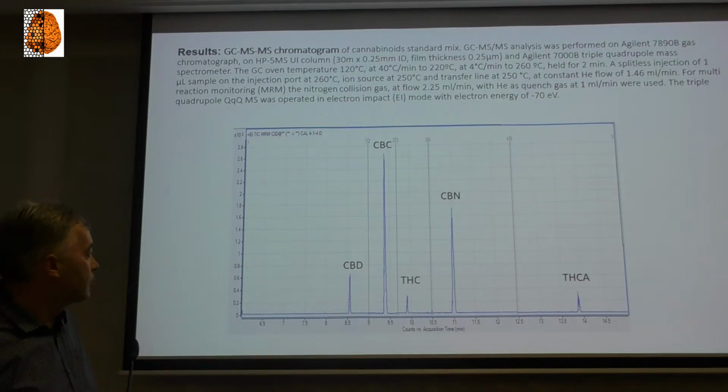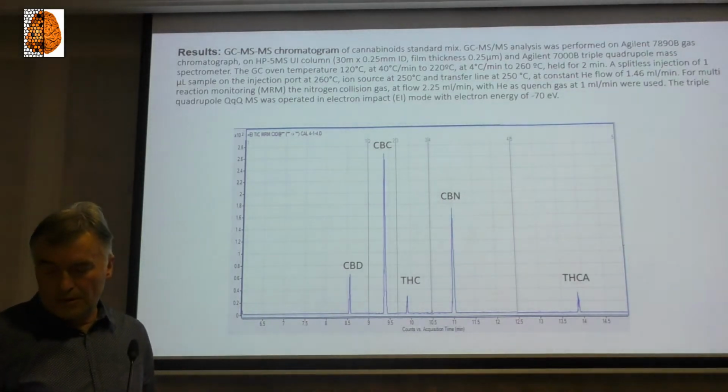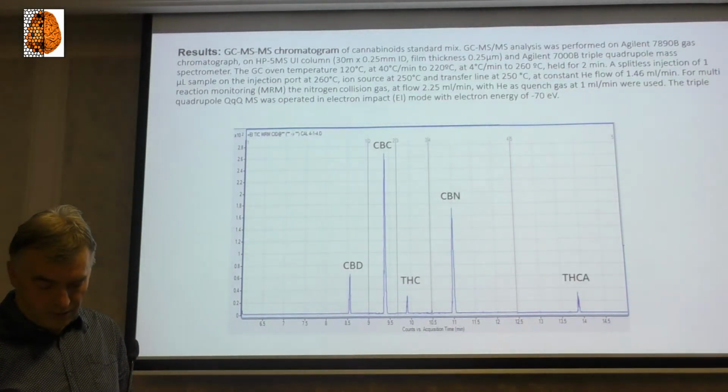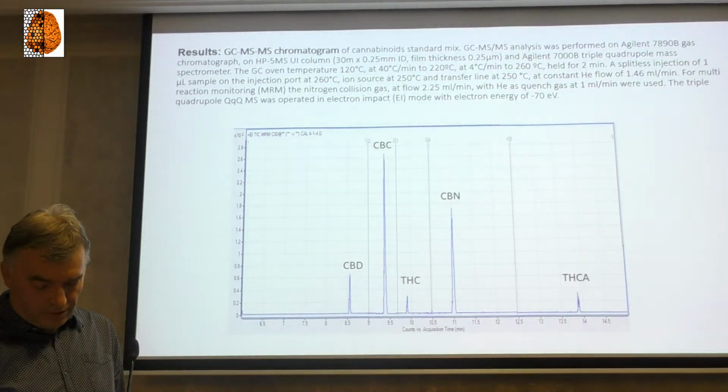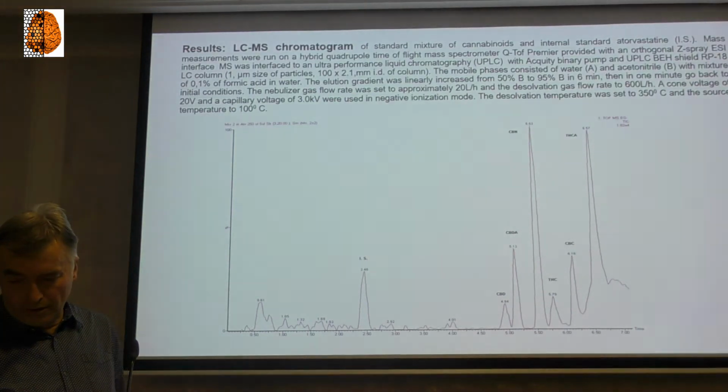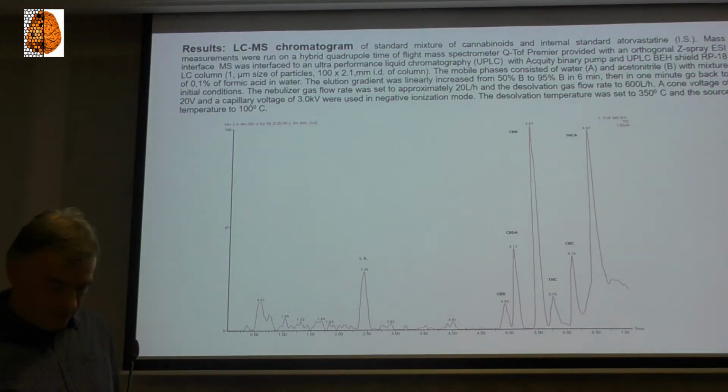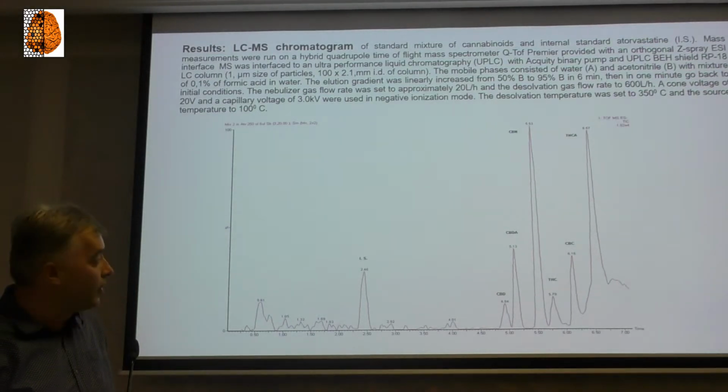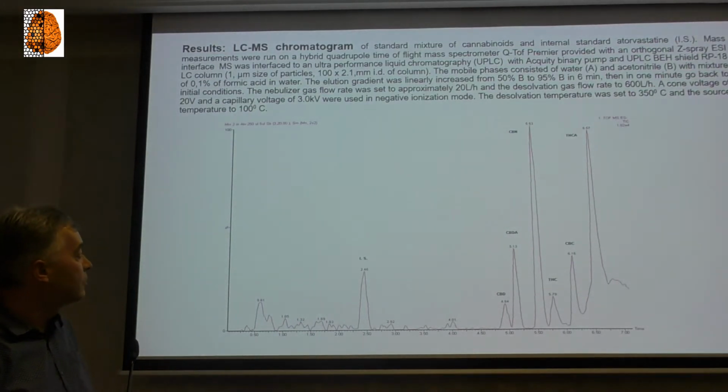So the separation is fine. The chromatographic time is about 15 minutes, which is quite a long one. And using LC-MS, we have a shorter time for the same compounds, a standard mixture of cannabinoids.